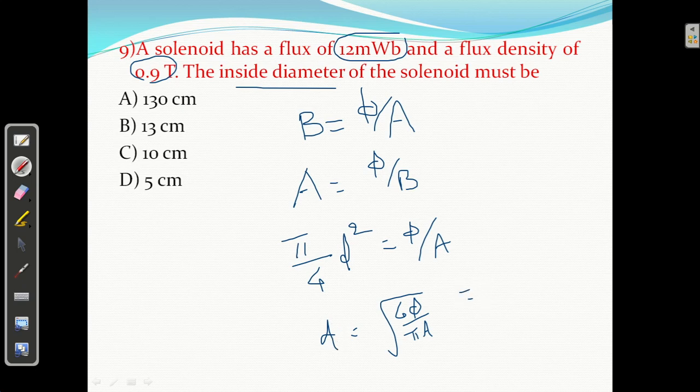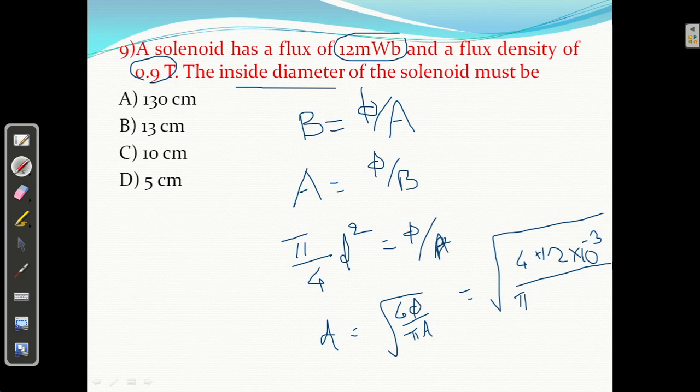So d equals under root of 4 phi upon pi B. Phi is 12 milliweber, that is 12 into 10 raised to power minus 3 weber, upon pi into B. What is B?